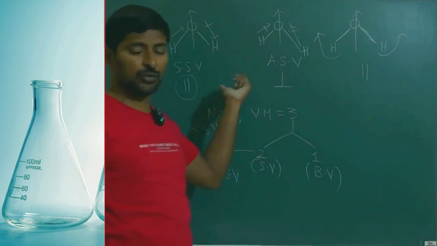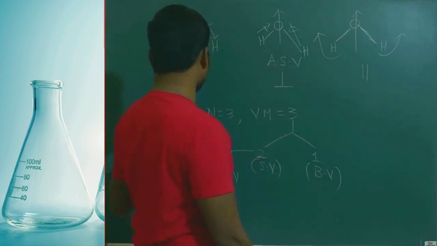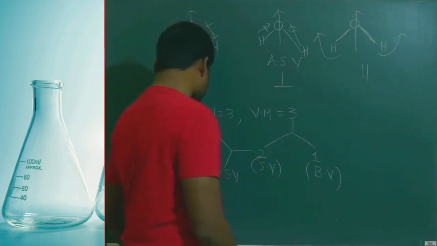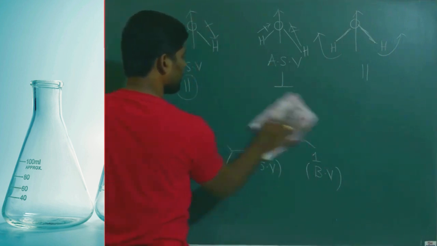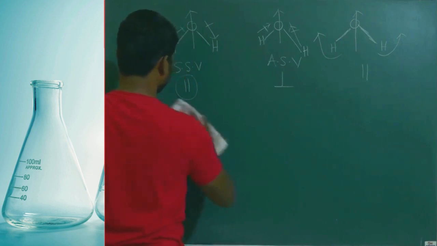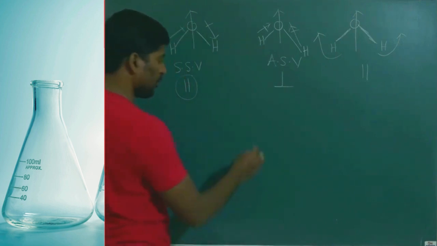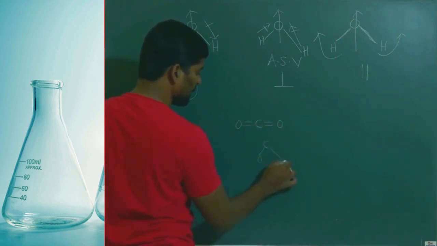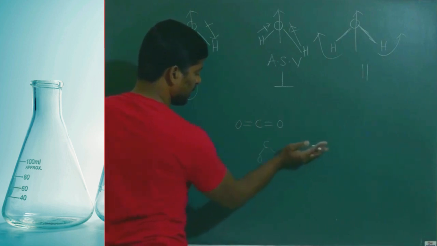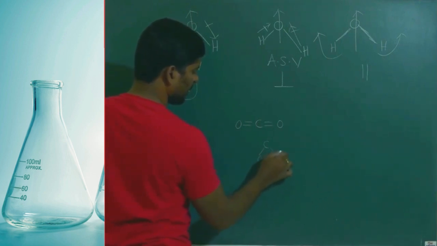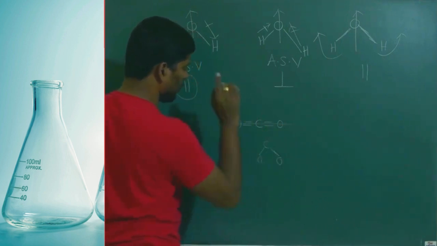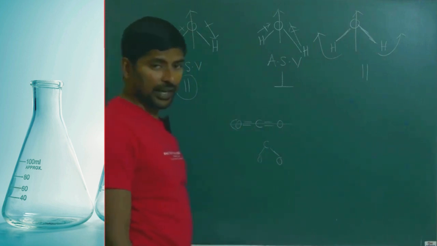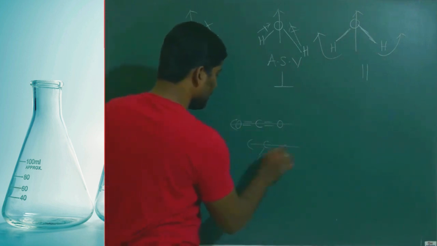In the case of CO2 also, we can follow like that. In the case of CO2, for example, C double bond O. If you consider bending vibration and do the rotation, we have to rotate along the principal axis.